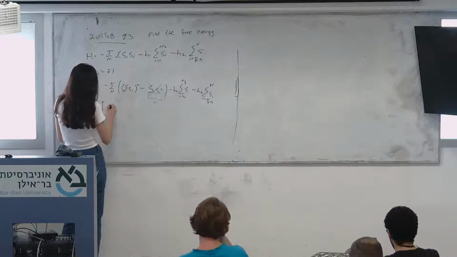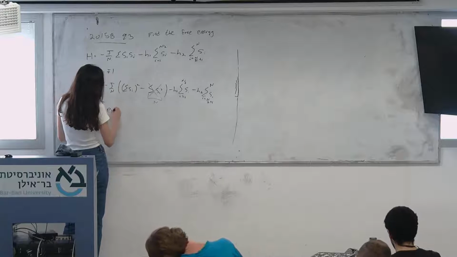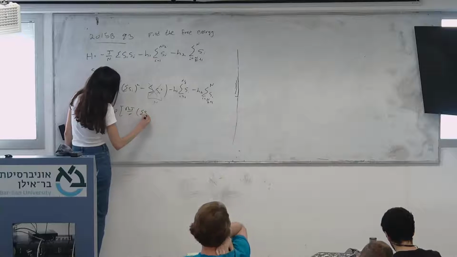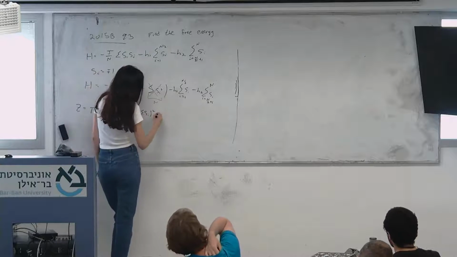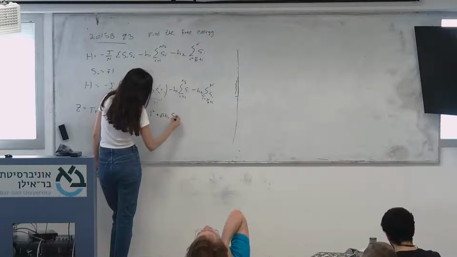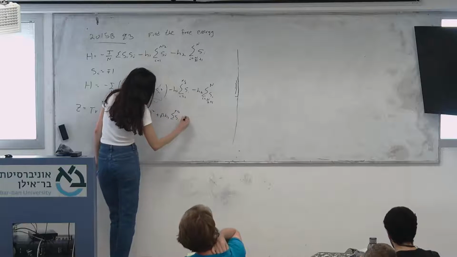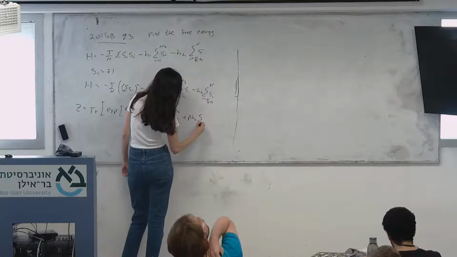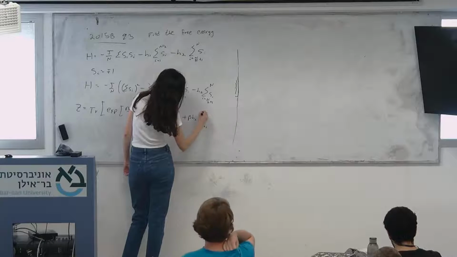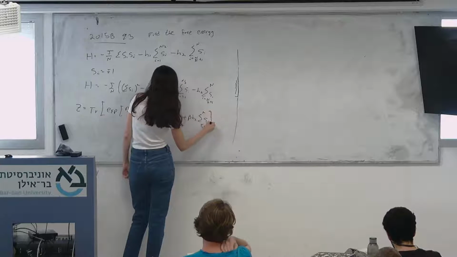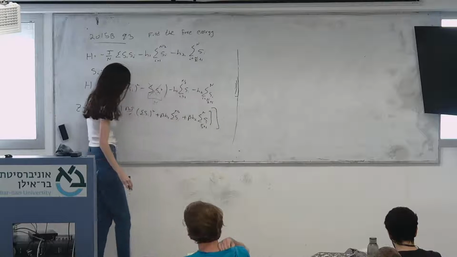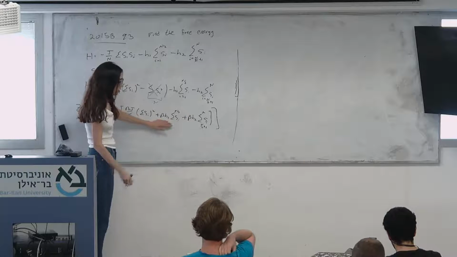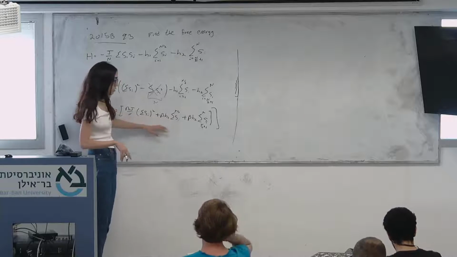So this is exponent of beta J sum of s squared plus beta h1 plus beta h2, and exactly like before, we're going to say that that is equal to a Gaussian integral.